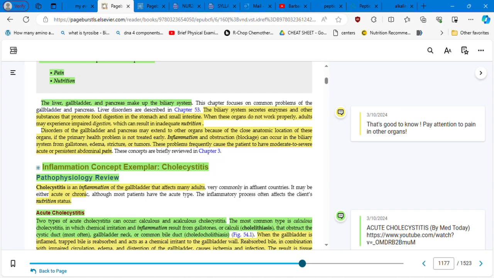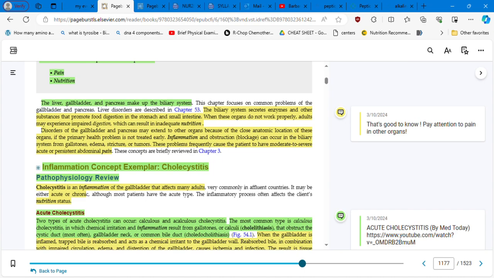Let's remember that on the right upper quadrant, we have the head of the pancreas, the curvature of the duodenum, right? And we have most of the liver, and also the gallbladder.